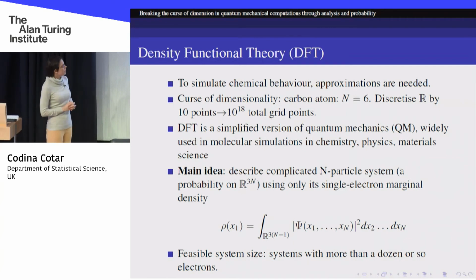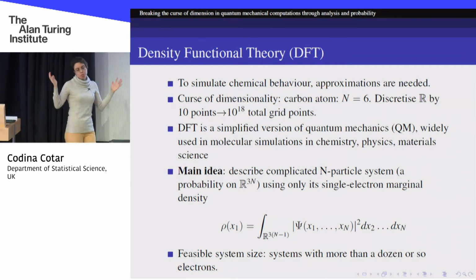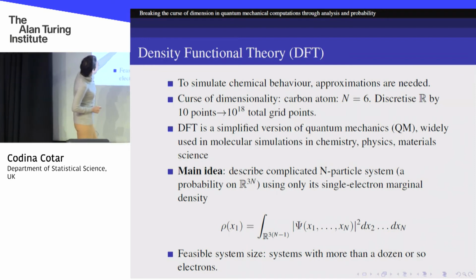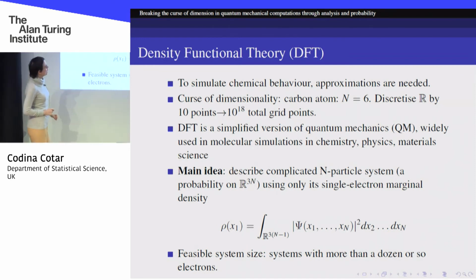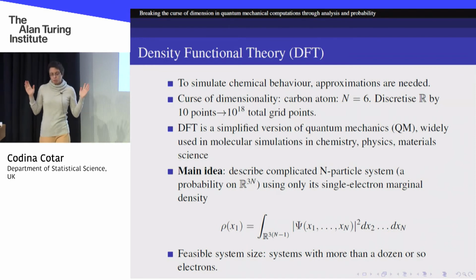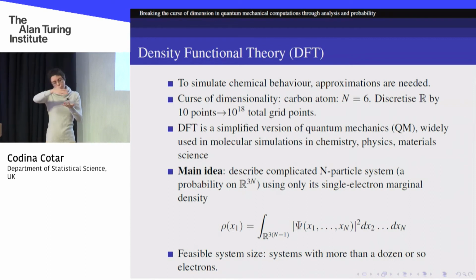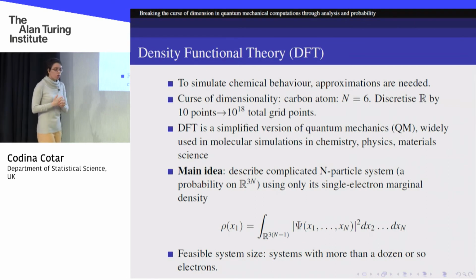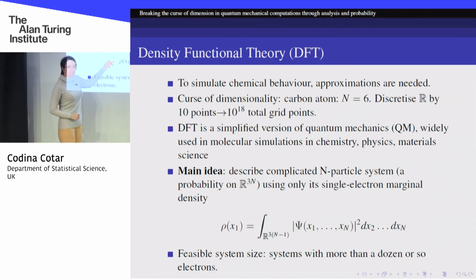And what's the main idea? We have a very large, complicated system with many particles, with n particles. As we've seen, it lives on a very, very big space, R^(3n). And what we would like to do is bring it to a much lower dimensional space. What we would like to use is the density of each electron.